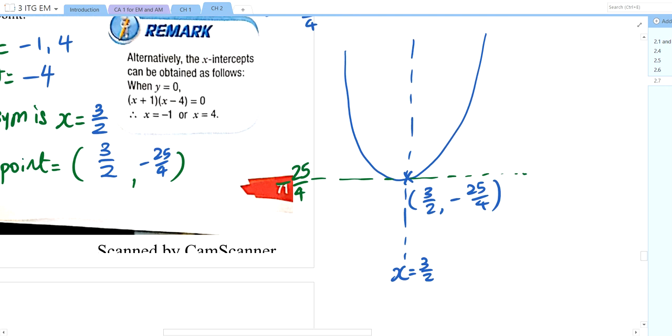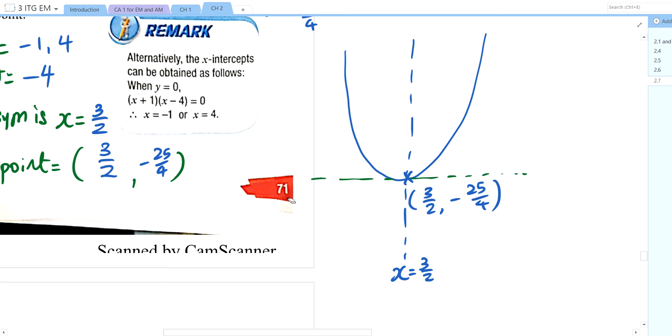Okay, now, x-axis, where should it be? Above, below, or on the green line? X-axis, where is it? Where is it? This is negative 25 over 4. Where is my x-axis? Above the green line, below the green line, or on the green line? Look at it carefully.